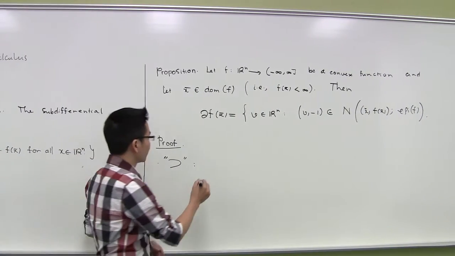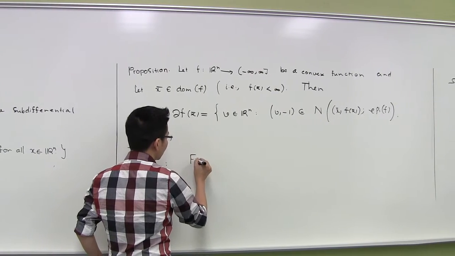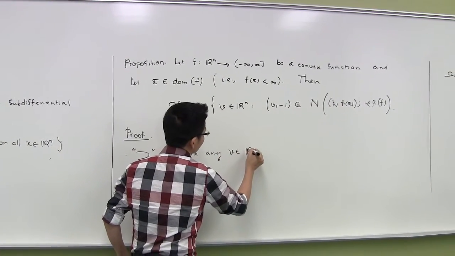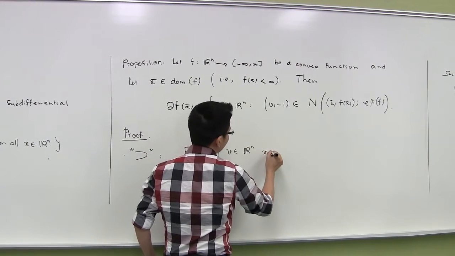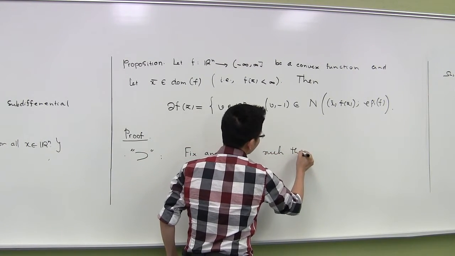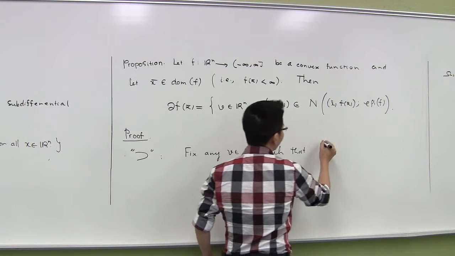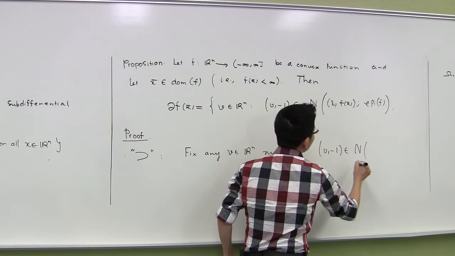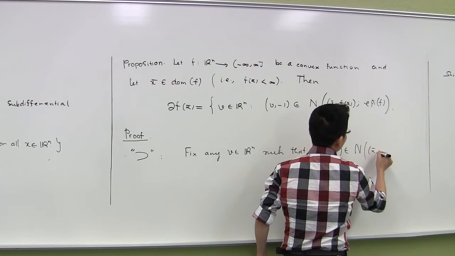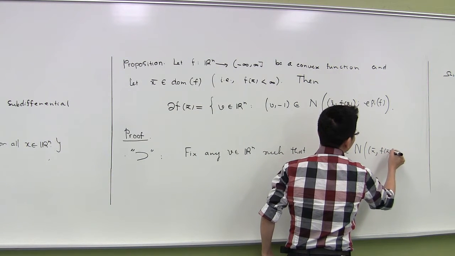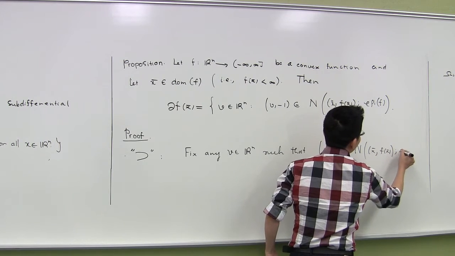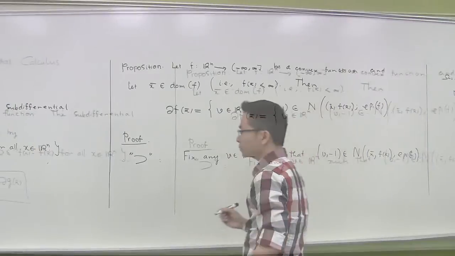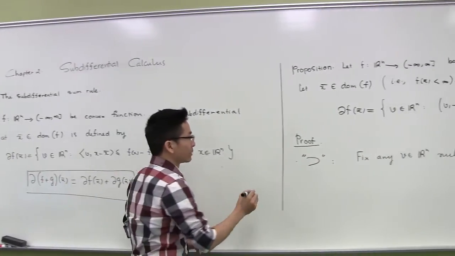Okay, so we're going to fix any v in Rn such that v, minus 1 belongs to the normal cone to the epigraph of the function at the point x bar, f of x bar. Okay, so then we have the following.